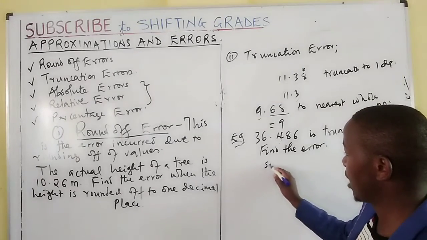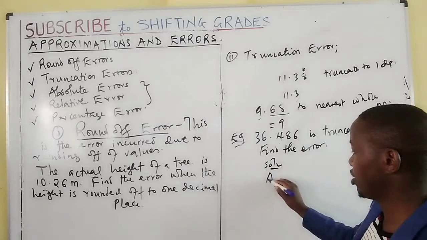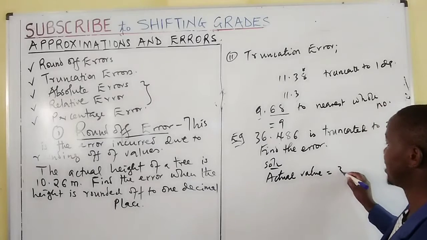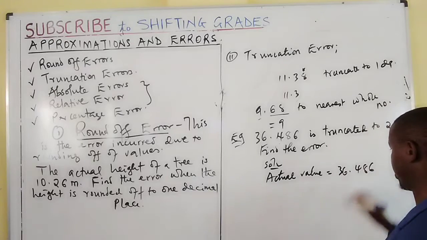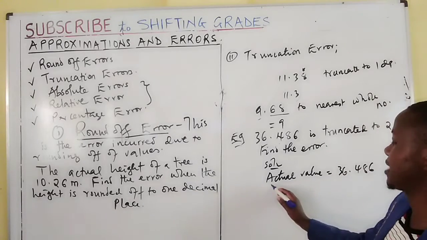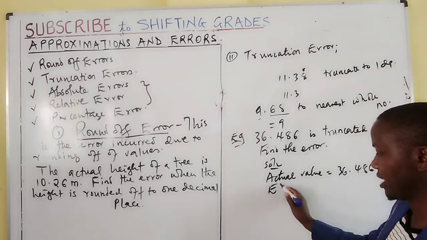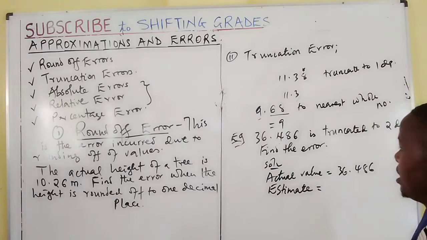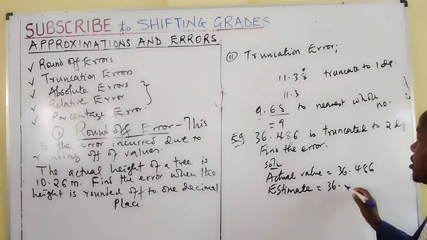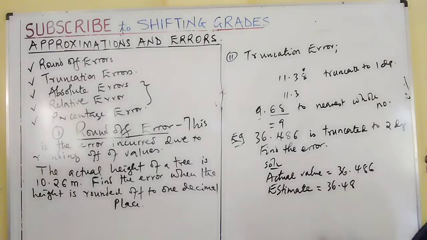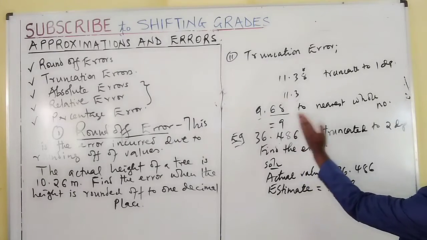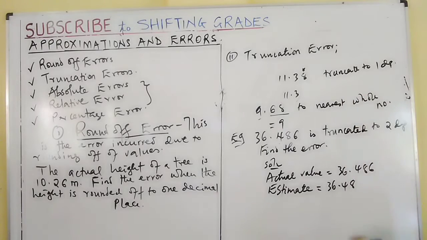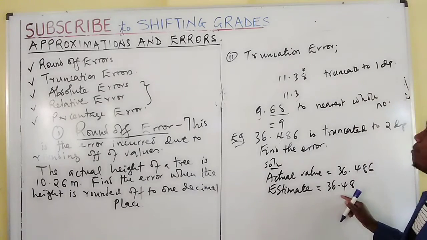Therefore, you come here and say the actual value is 36.486. Then the truncated value, or the estimate in this case, will be 36.48. We don't consider the other number, whether it's something above 5 or not. We just omit it completely. Therefore, truncated to 2 decimal places, it should be this.